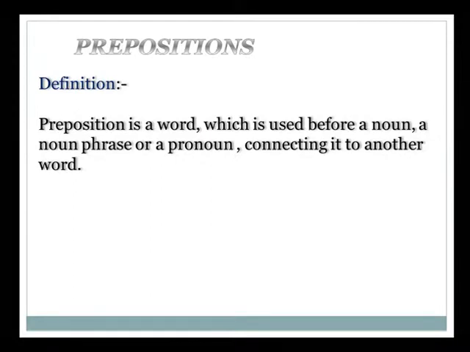So you can say prepositions are those words which are used before nouns or noun phrases. Some of the very common examples of prepositions are words like on, upon, in, into, above, beneath, below, etc. And these are actually used a lot in our day-to-day conversations.